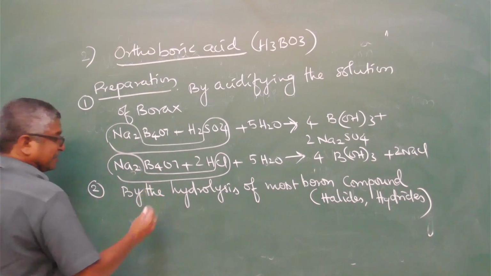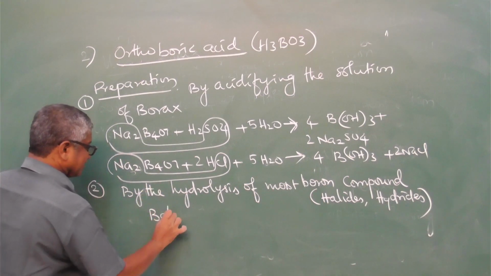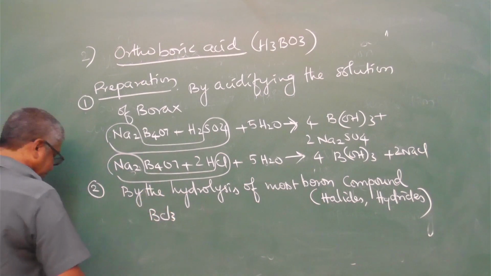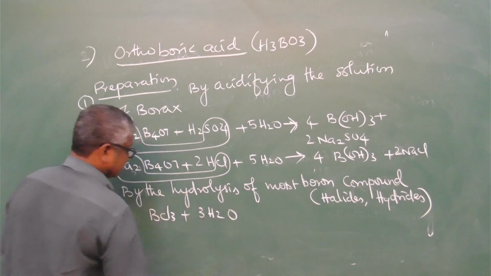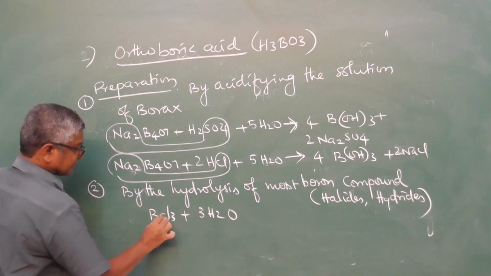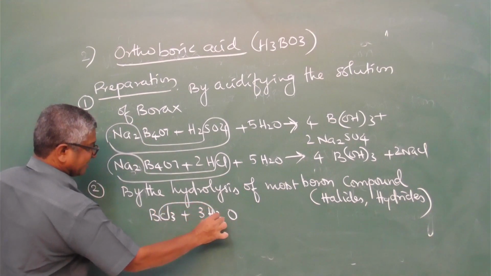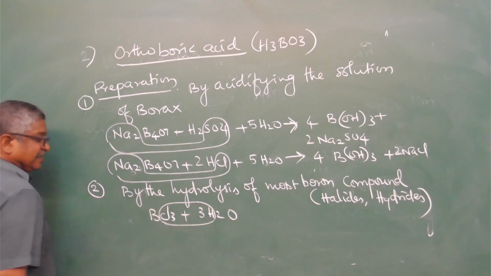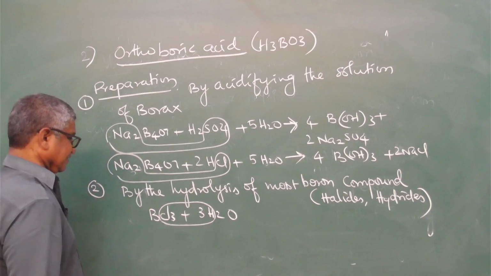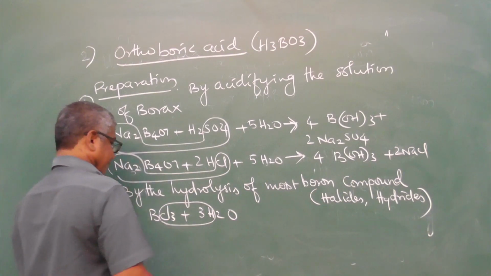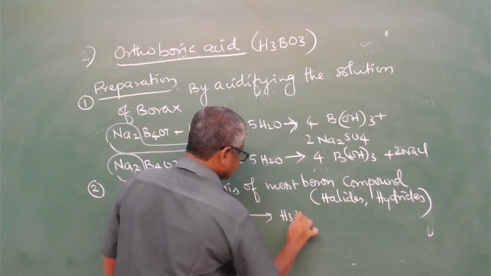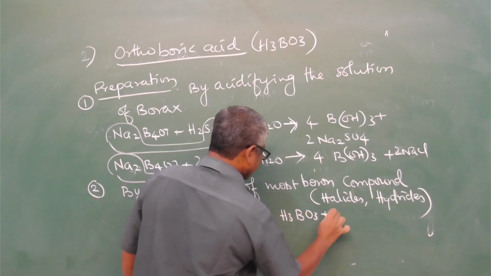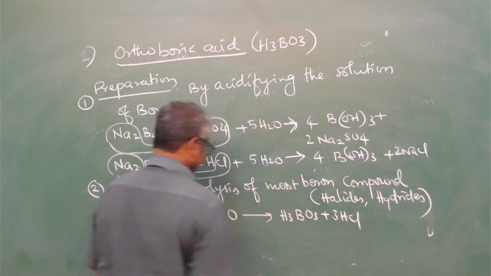So by the hydrolysis, for example, BCl3, boron trihalide, with the 3 water molecules, 3 chlorine and 3 hydrogens eliminate with the formation of boric acid and 3HCl.